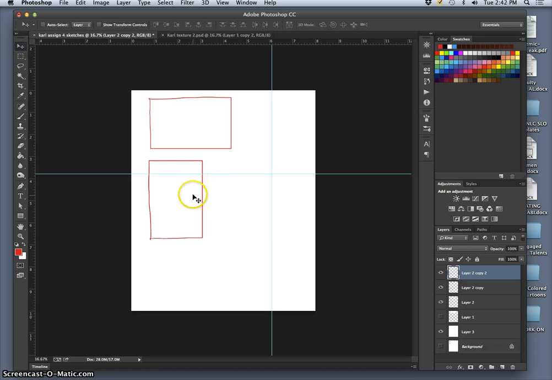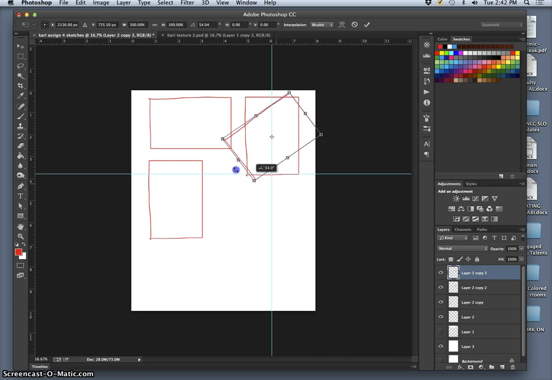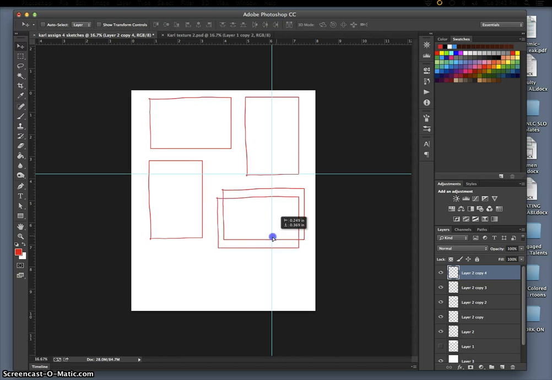They're called thumbnails because they're small and they're quick. And you leave room around them so that you can judge each of their compositions individually. So now I've got my 5.